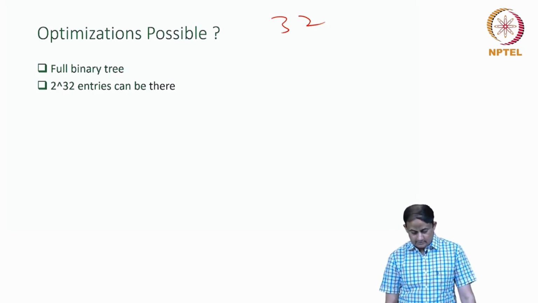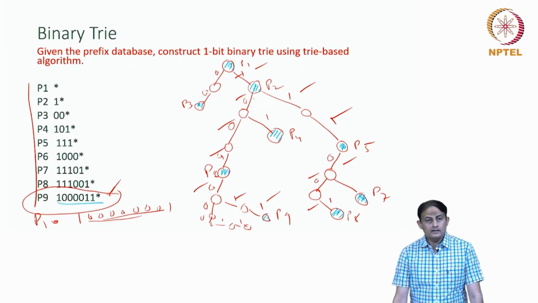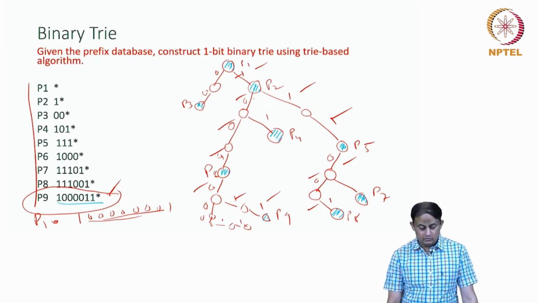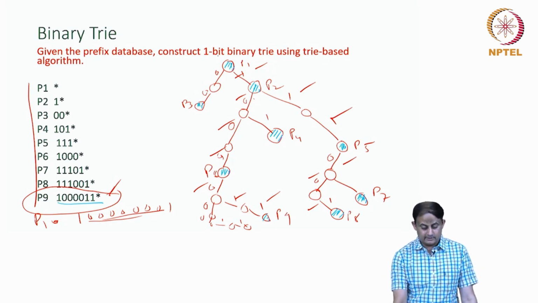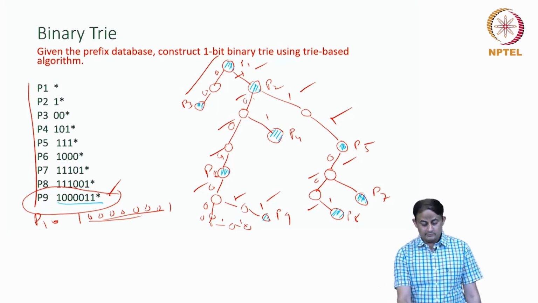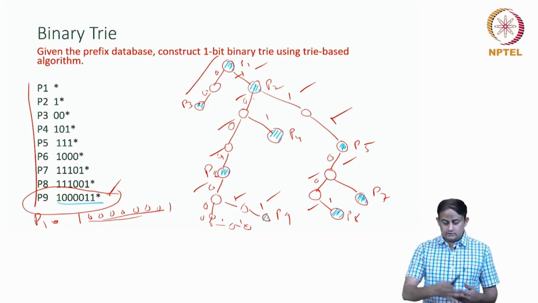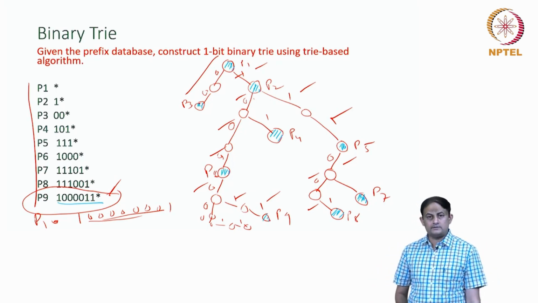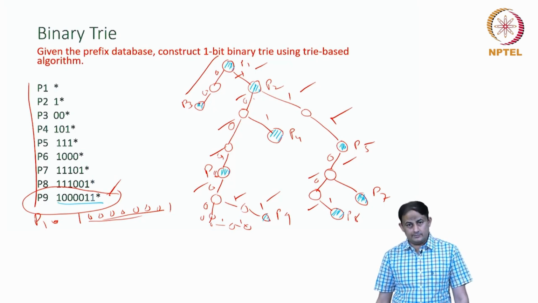So, let us go back to the previous example. What we notice is some of the internal nodes. For example, if I take this left subtree, from P1 to P3, from the root node to this node, there are two bits, one 0 followed by 0. The intermediate node that is here is not representing any of the prefixes.